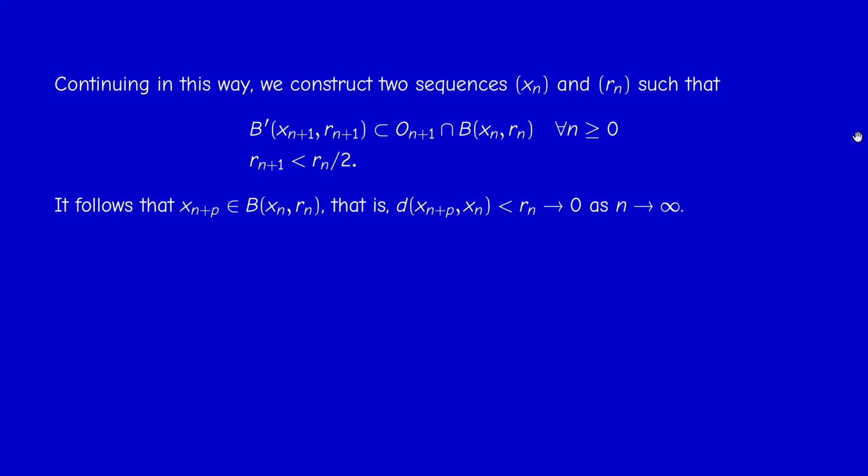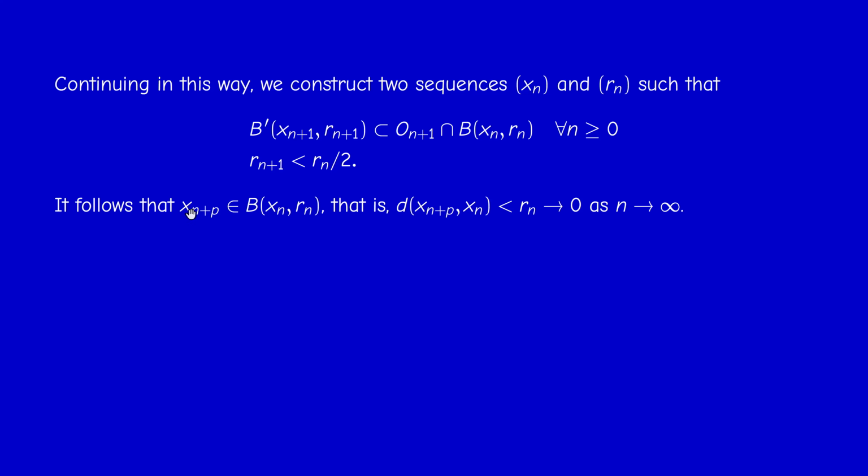Okay, so therefore, if we take p to be any non-negative integer, then of course X(n+1) belongs to this ball. And X(n+2) belongs to the ball of center X(n+2), which is contained in this ball, so it's contained in this.